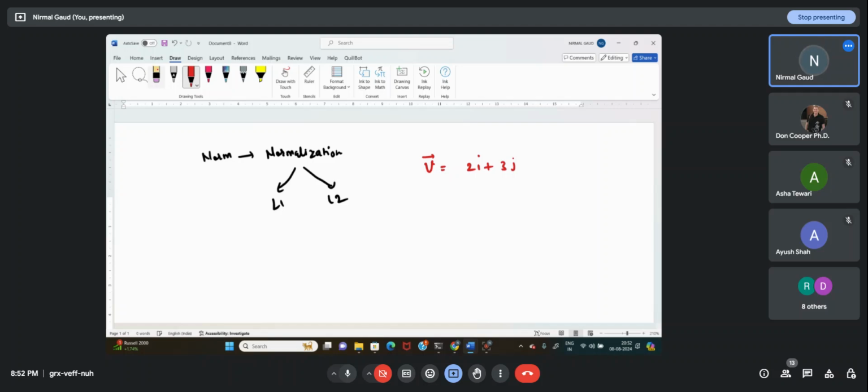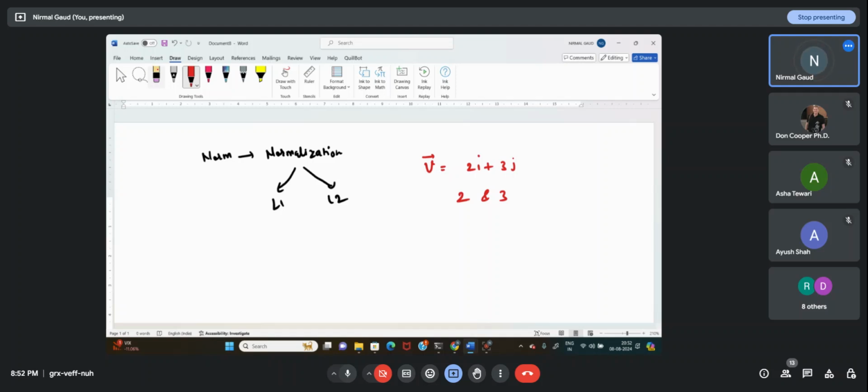Just take its coefficients. That means the coefficients are 2 and 3. These are the coefficients for the vector.